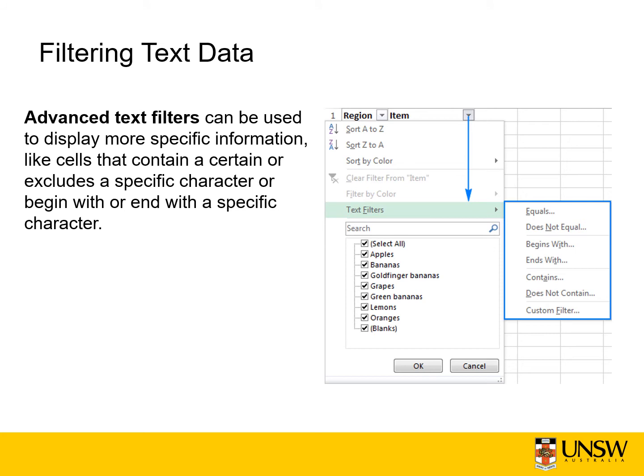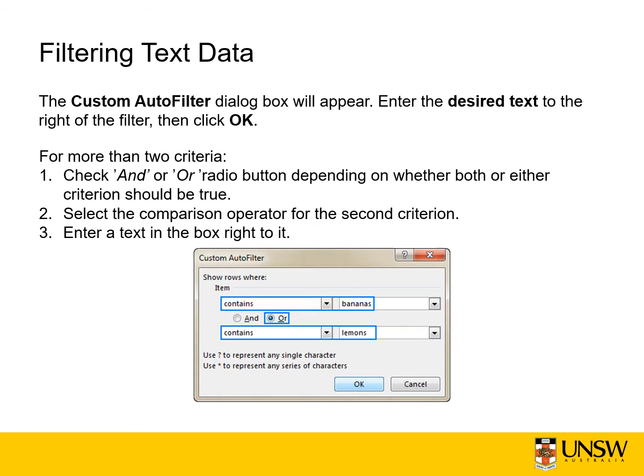For instance, to filter out rows containing banana, click the drop-down arrow in the column heading, point to Text Filters, and in the drop-down menu, click Contains. After selecting the desired filter option, the Custom AutoFilter dialog box will show up. In the box to the right of the filter, type the text or select the desired item from the drop-down list and click OK.